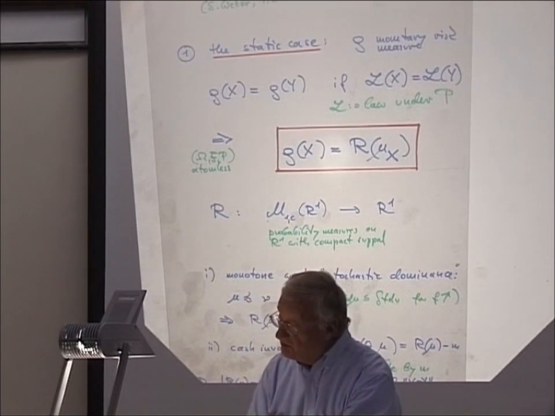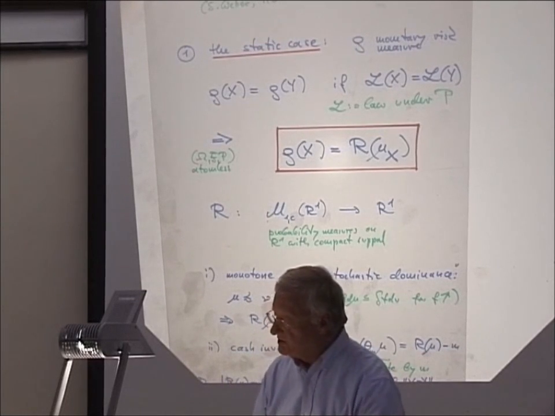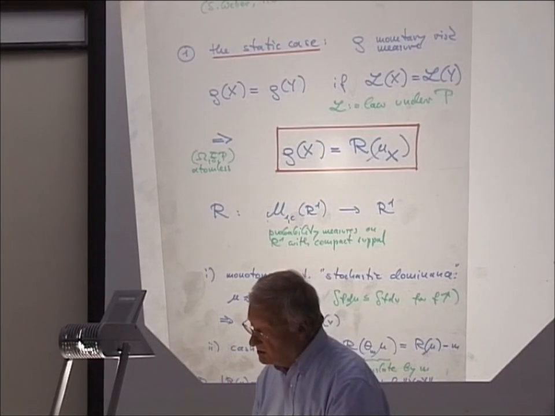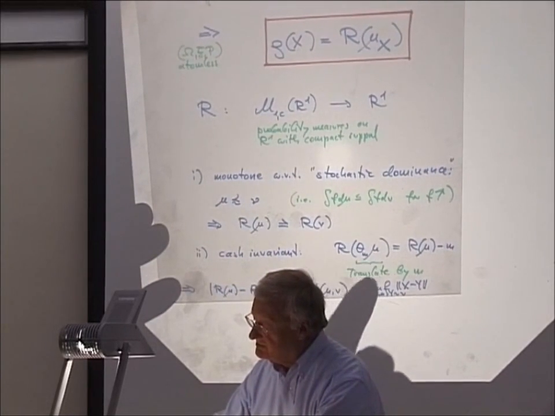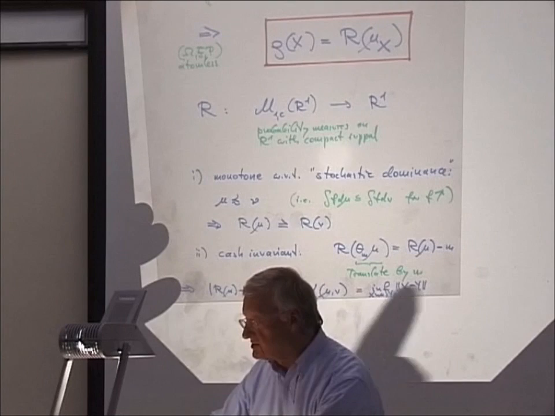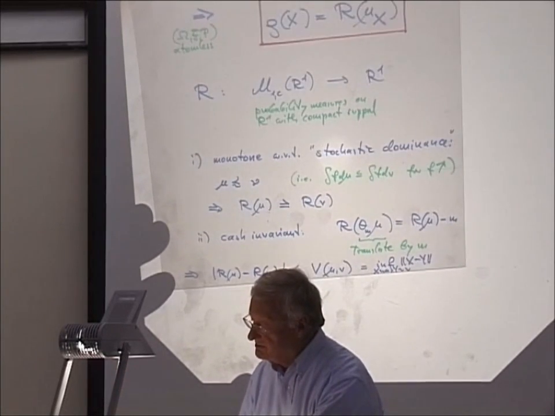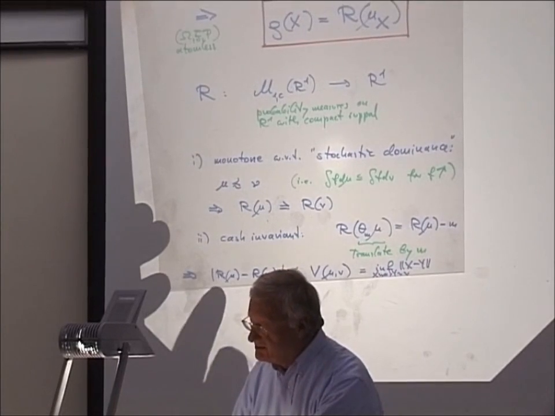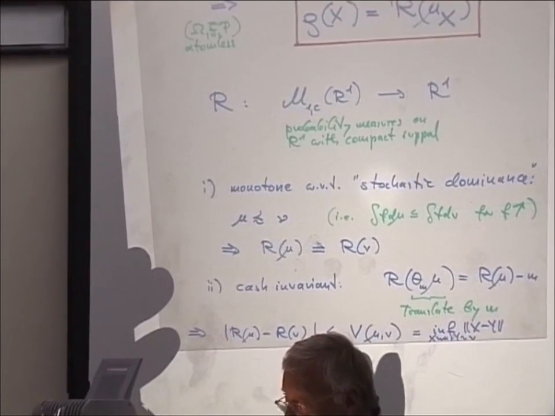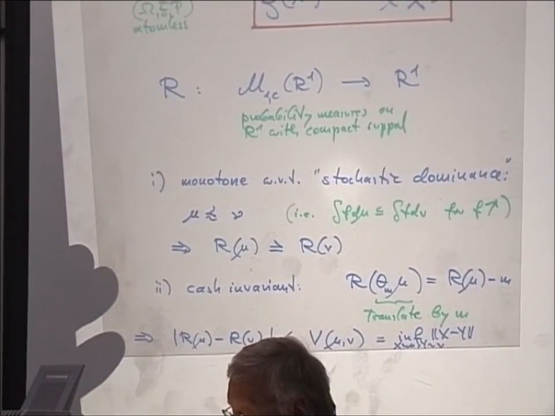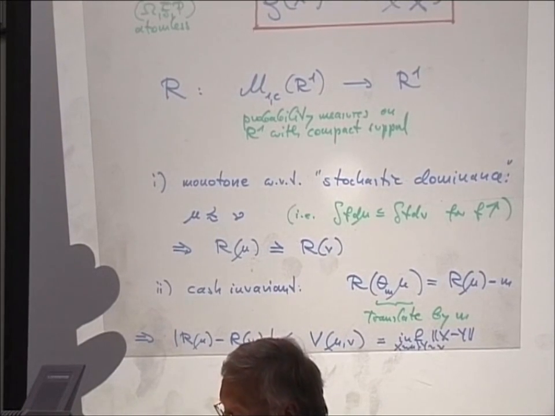Now the monotonicity requirement of the underlying risk measure translates to monotonicity with respect to stochastic dominance of R, big R. Cash invariance has to do here with translations of the distribution, and the simple Lipschitz continuity estimate is now formulated with respect to the Wasserstein distance between the two probability measures with respect to the supremum norm.